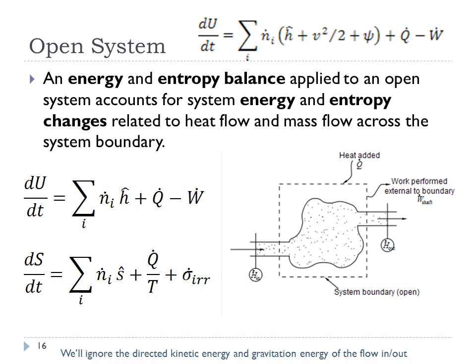Okay, so now let's get a little bit more complicated and let's talk about open systems. For open systems, we're now going to include one more term in each of the equations. We're not only going to have the heat and the work, we're also going to include flow of material into and out of the system.